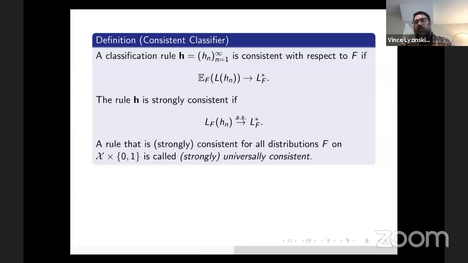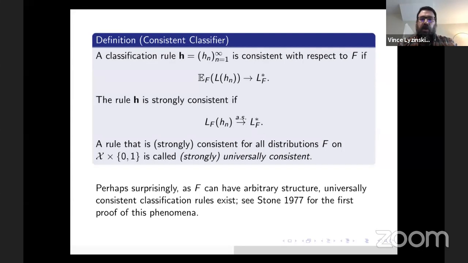Universal consistency is a really important idea in classification because it effectively says that, given enough training data, a classifier can accommodate any eccentricities that a distribution can throw at it. For a long time, the existence of these things was unknown until Stone wrote the landmark 1977 paper showing the first example of a universally consistent classifier.